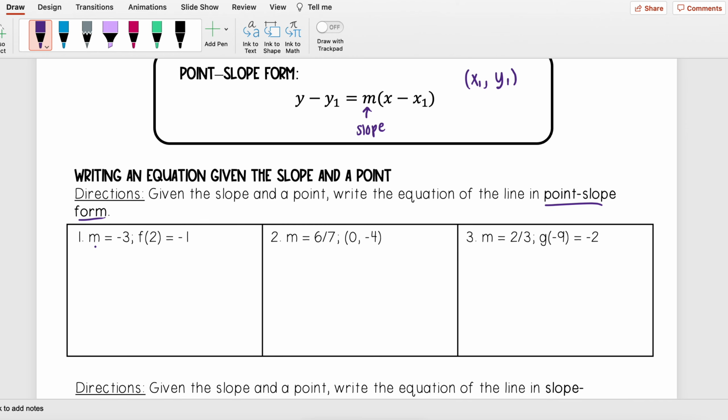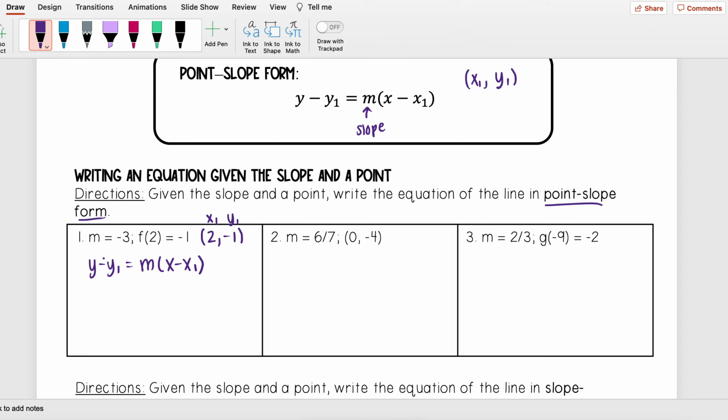So for number 1, I'm given that my slope m is -3, and I'm given the point f of 2 is equal to -1. And so remember, that's really the same thing as (2, -1). Now I'm going to write this in point-slope form. So I have y minus y1 is equal to m times x minus x1. Well, my y1 and x1 are given by my point, so my x1 is 2, and my y1 is -1.